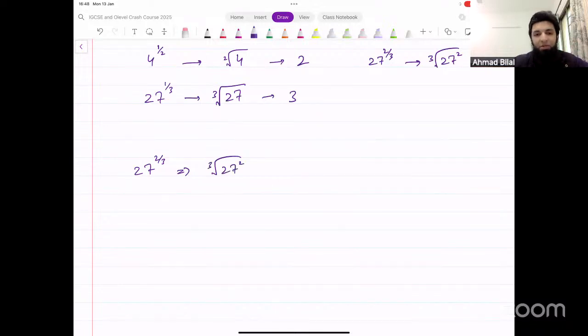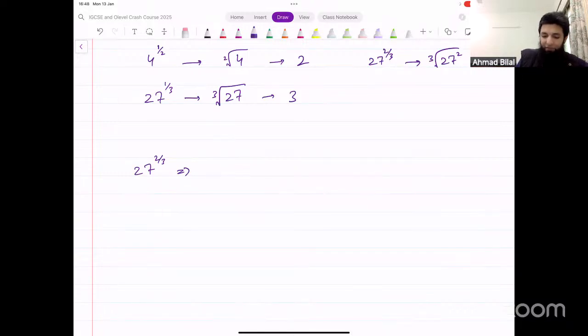But the problem is, this becomes a bit hard to evaluate now, because how do you evaluate 27 squared? You can either write it down like this and do that multiplication and then take cube root of that. That's one possibility. Another way to simplify this could be that we write it like this.